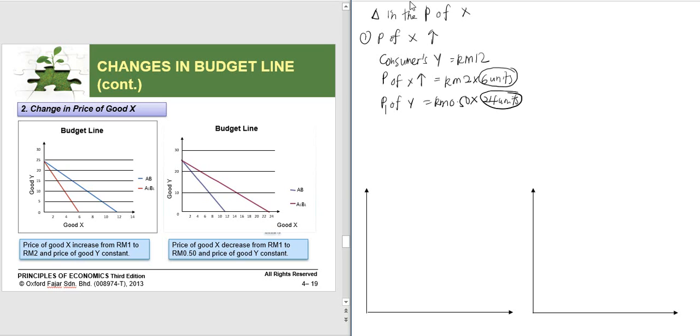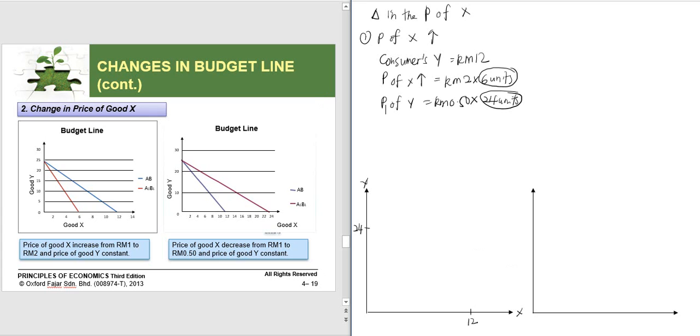Now when you want to draw the graph, this is X and this is Y. The initial graph was at 12 units, and this one is at 24 units. Since the amount of product Y doesn't change, the changes will only be on the X-axis, in the number of product X that the consumer can buy.